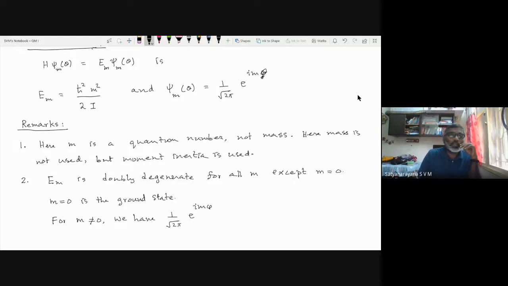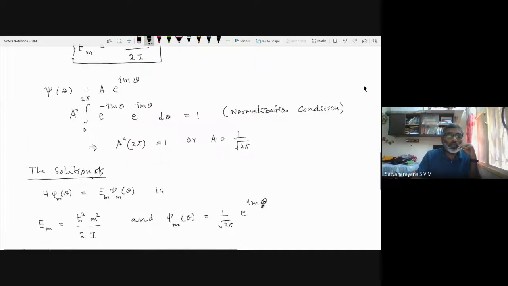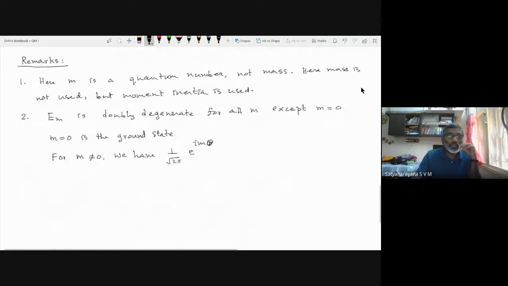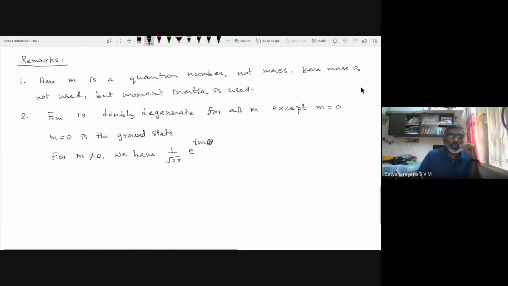It's theta. I'm sorry for these confusions. So e to the power i m theta. I hope I wrote everywhere consistently. We have e to the power i m theta and 1 by square root of 2 pi times e to the power minus i m theta.